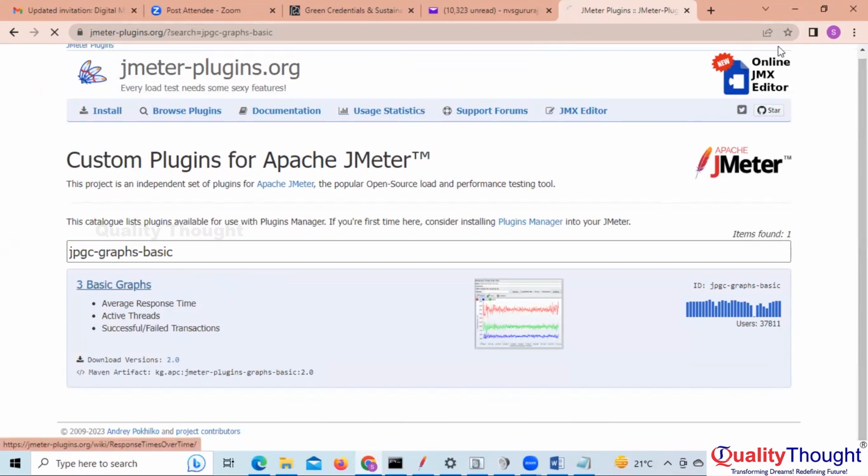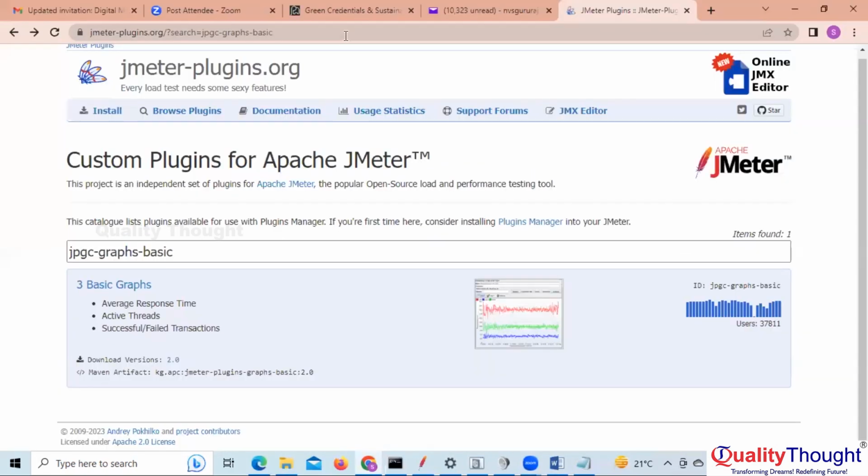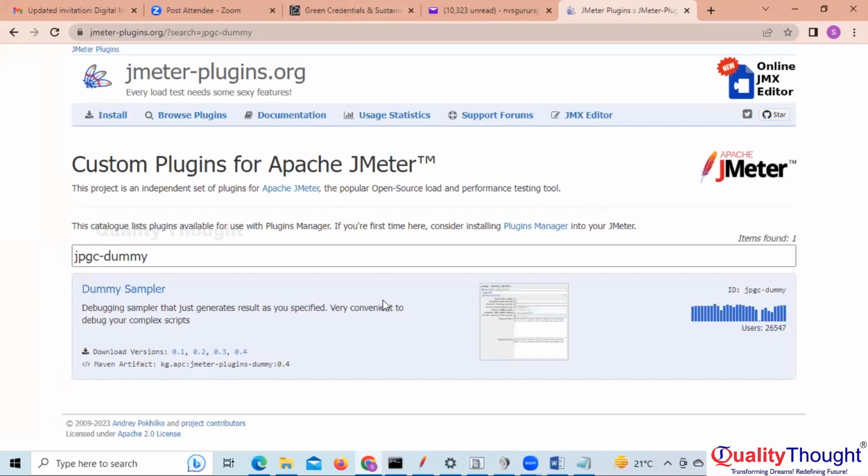Those graphs are average response time, active threads, and the success or failed transactions. You have these plugins in my material. You can just go ahead and download these plugins at home.